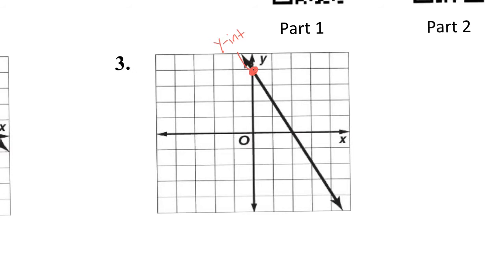INT stands for intercept. The x-intercept, well, look at the line again. The line is touching, intersecting right here on the x-axis. So I'm going to make another point right there, and I'm going to label that as my x-int. So I know my x-intercept, I know my y-intercept. Now we need to write down the actual value or the position of the point that represents the x and the y-intercept.